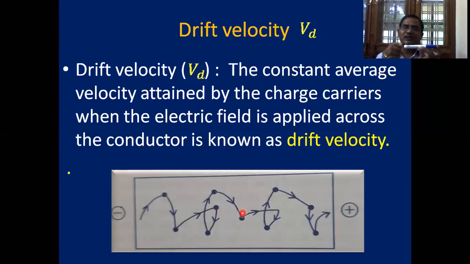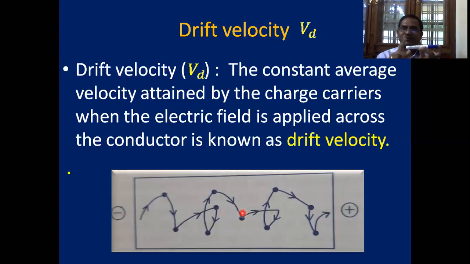Therefore, in a collision, they will lose that increased speed, the kinetic energy gained due to the acceleration. The kinetic energy or speed gained due to the electric field will be lost during the collision. Again, after the next collision their speed increases, kinetic energy increases, and again it decreases in the next successive collision.